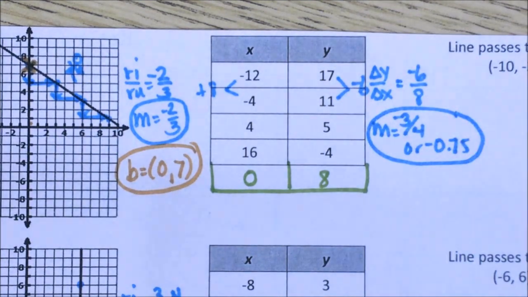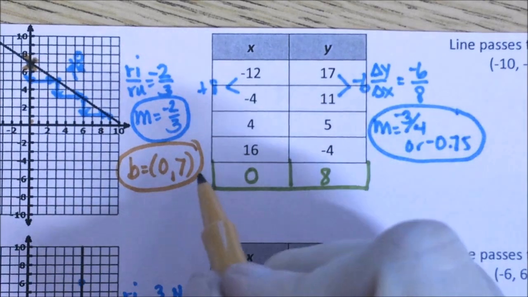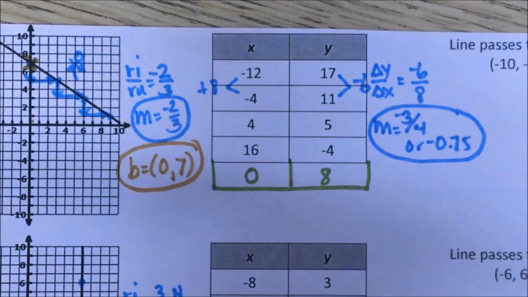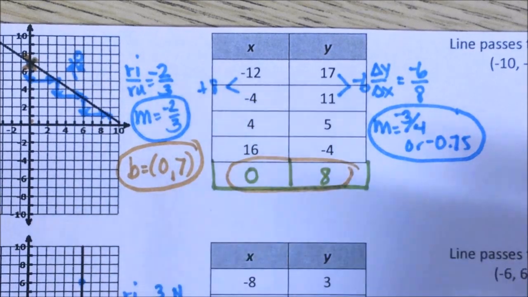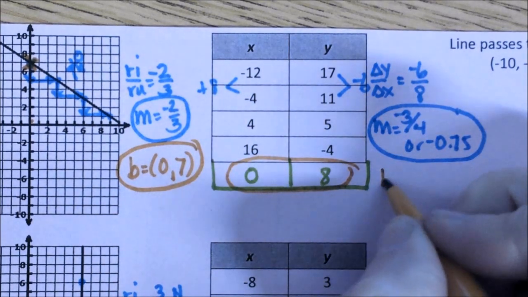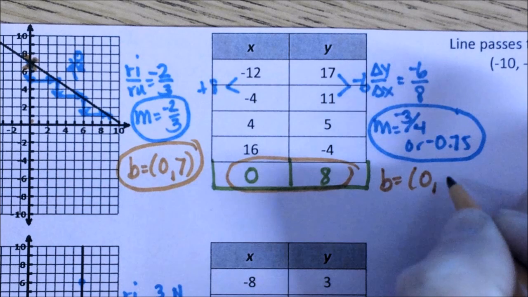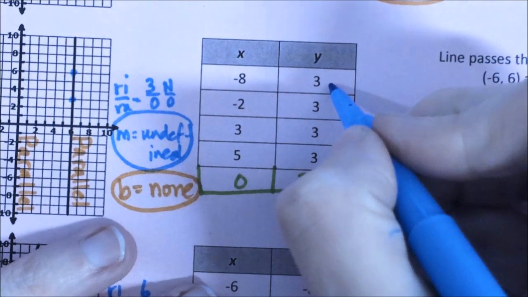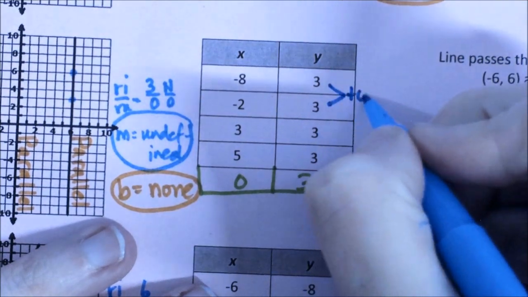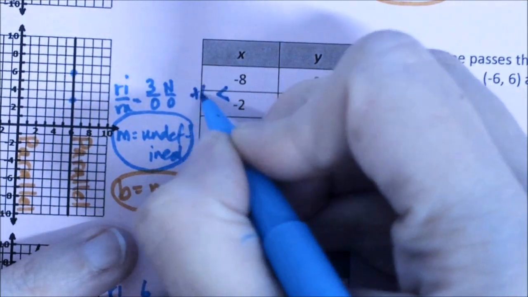Okay. Now, my y-intercept is the row, just like we said in our notes. It's the row where x is 0. So that's my y-intercept, which means that my b is 0, 8. Okay? Let's look at this next one. I have plus 0 plus 6.